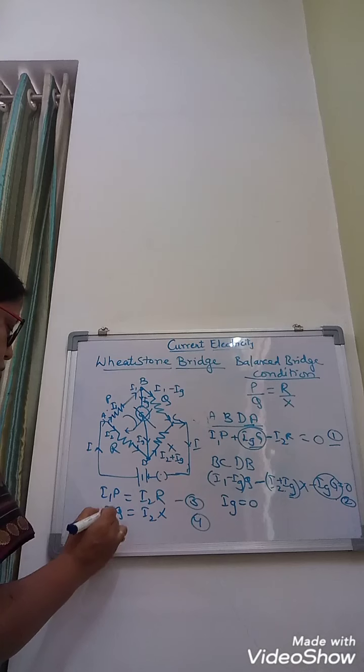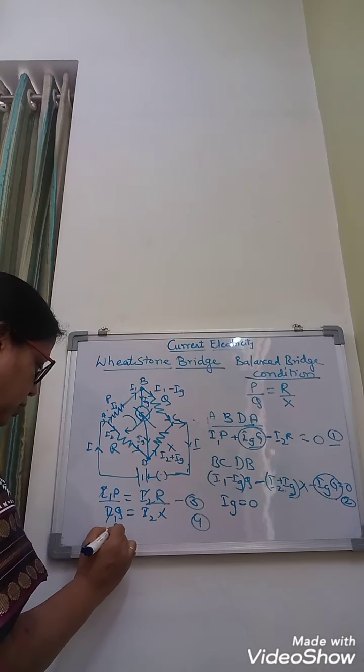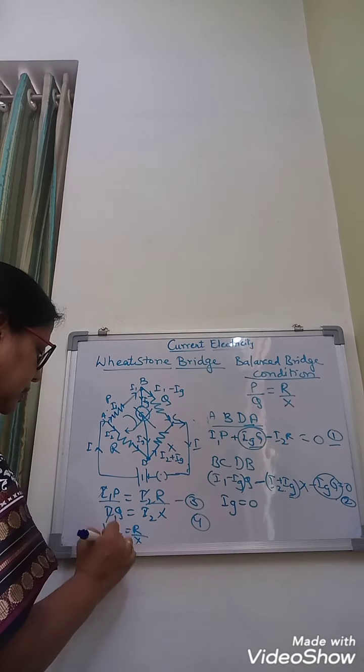If I take their ratio, I1, I2 will get cancelled. So I get the formula P upon Q is equal to R upon X.